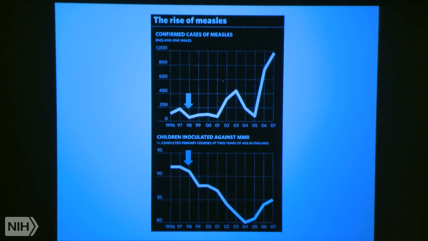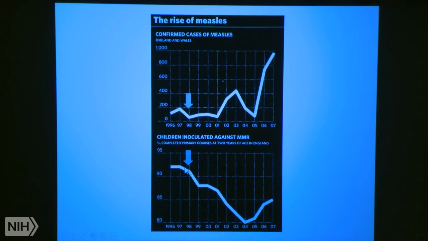And indeed, what you see here is that it came out in 1998. You can see that the proportion of children in England and Wales that had the MMR vaccine dropped substantially from the mid-90s.